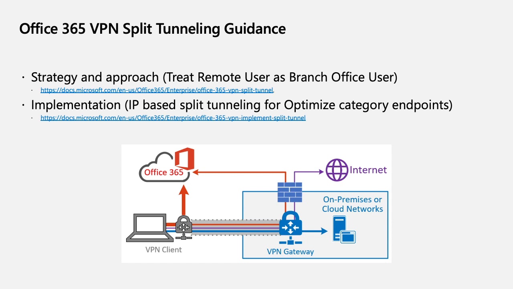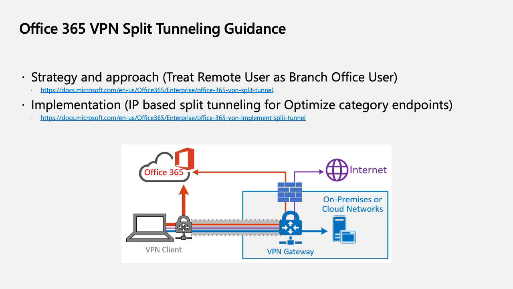Here, we are using the Office 365 endpoint categories and particularly the optimized endpoint set to split tunnel Office 365 based on IP ranges that are dedicated for the optimized endpoint set.